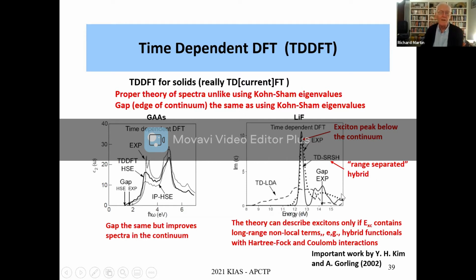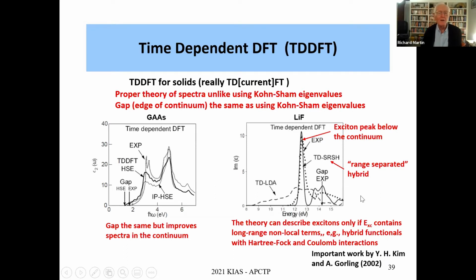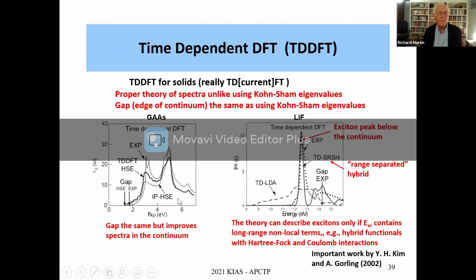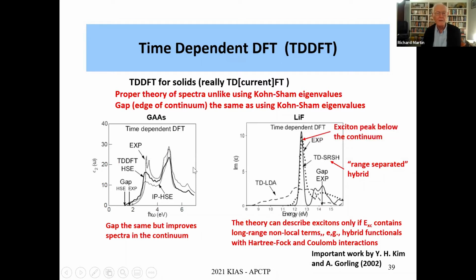There's a much bigger effect that occurs in a material like lithium fluoride. There, the optical properties are dominated by an exciton, and the local density approximation or some of the hybrid functionals like HSE are designed in such a way that you cannot get an exciton that is bound inside the gap.